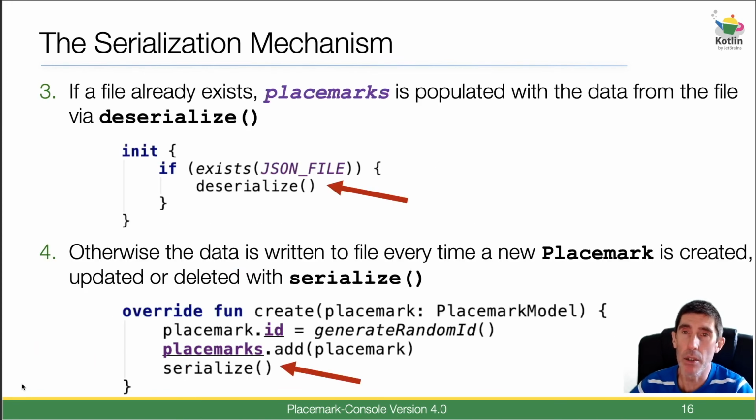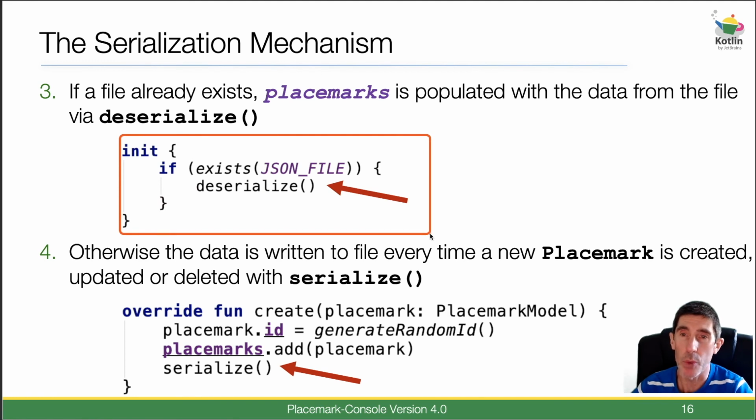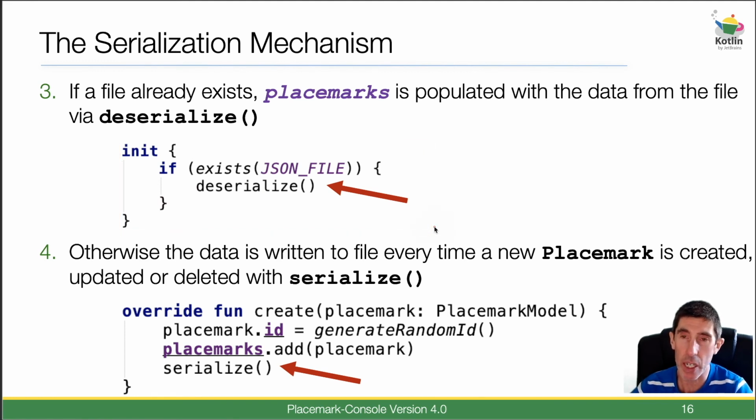The next thing, we check to see if a file already exists. Placemarks is populated with the data from the file via our deserialize function. So there's a good use for our init inside the class itself. When we initially create the class, we do a check on our JSON file, and if that exists, we deserialize.